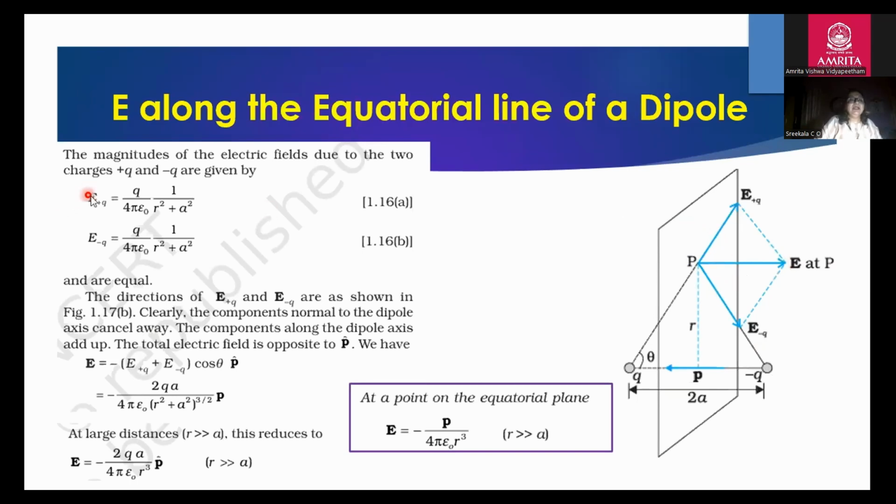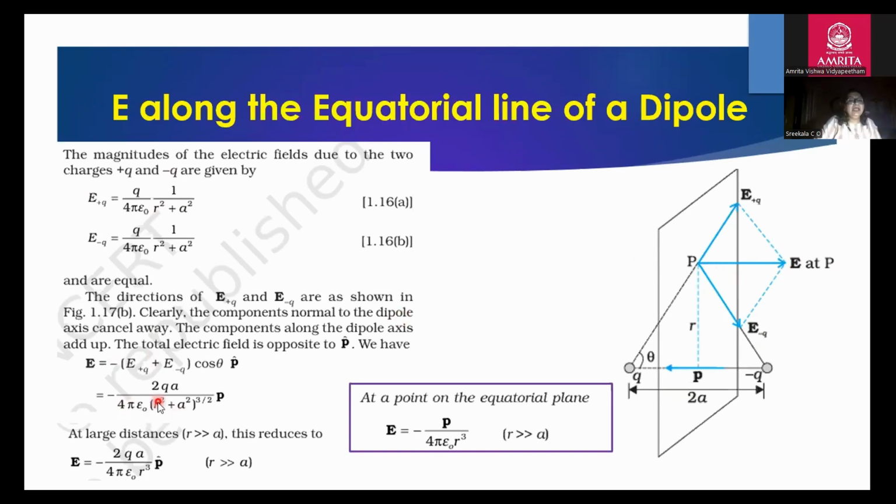So here the two vectors will be equal, so A and A will be equal. The value will be root of A square plus A square plus 2A square cos 2 theta, and from that you can take one A outside.